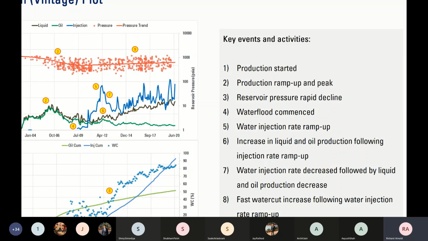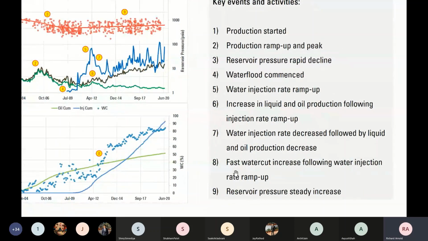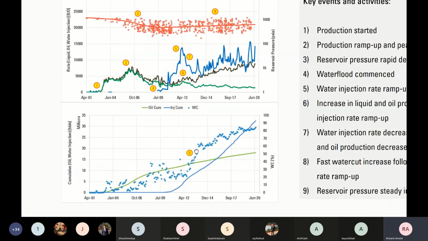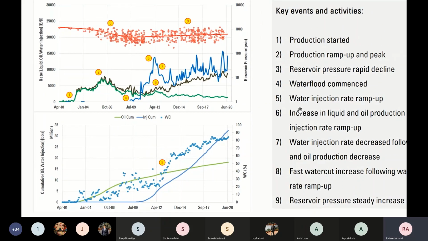At number 8, there is a fast water cut increase following the water injection rate ramp up. So what we did in number 5 may give us higher production for a while, but at the same time, unfortunately, the water cut increased rapidly as well due to the ramp up in injection rate.